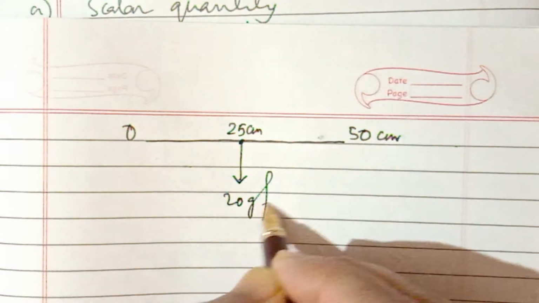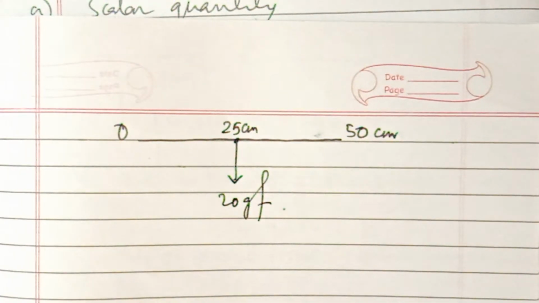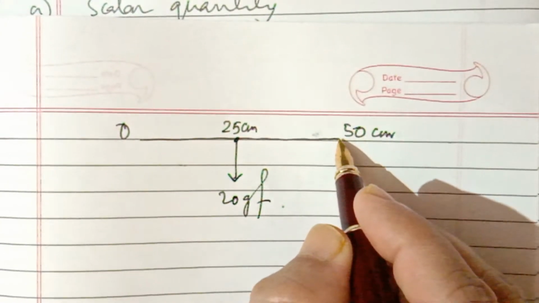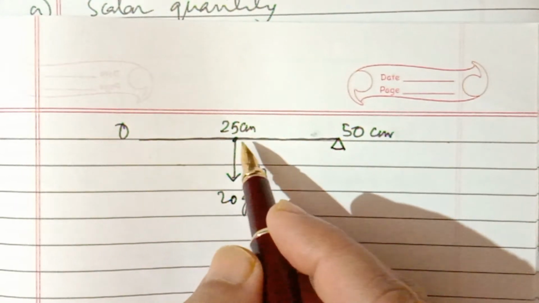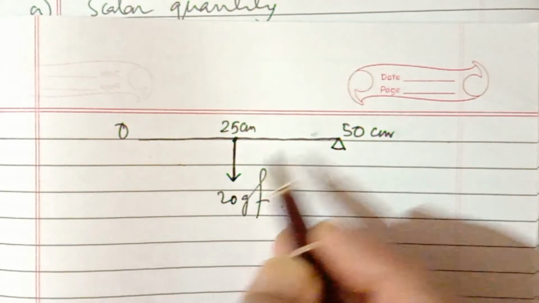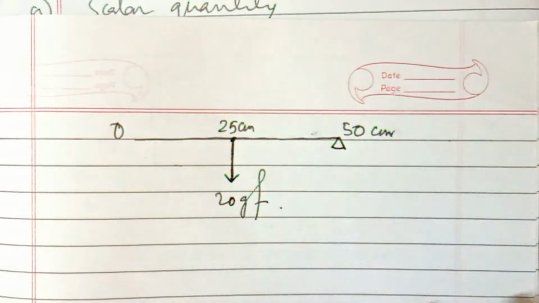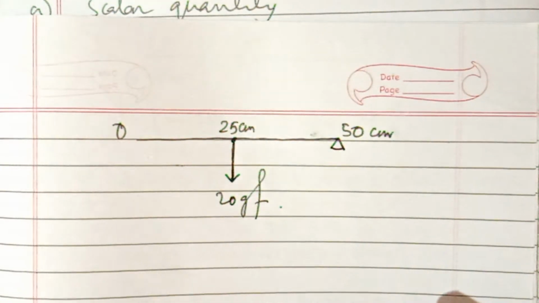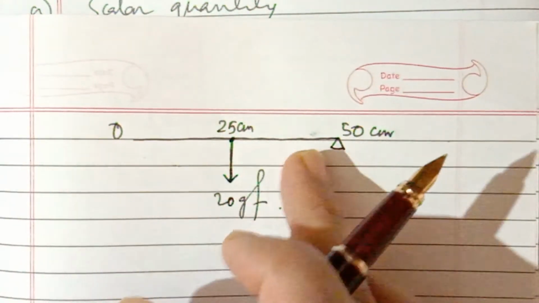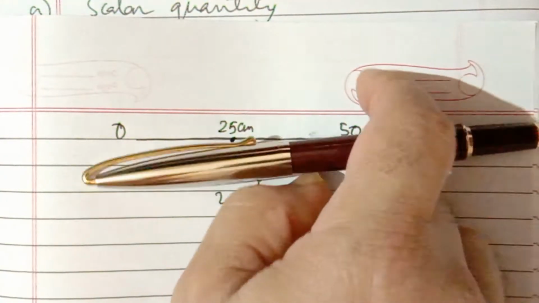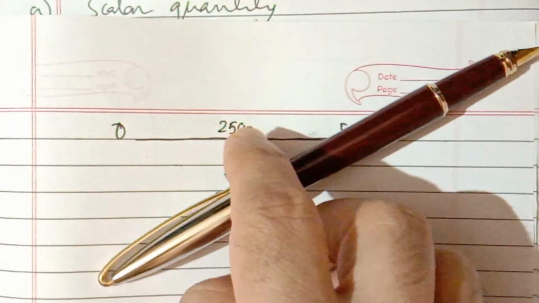So 20 gram force acts here at the center of gravity, and it is pivoted here. So due to which this force, it will turn anti-clockwise. Now you have to produce clockwise direction to keep it horizontal. Otherwise it will turn like this because of this weight.